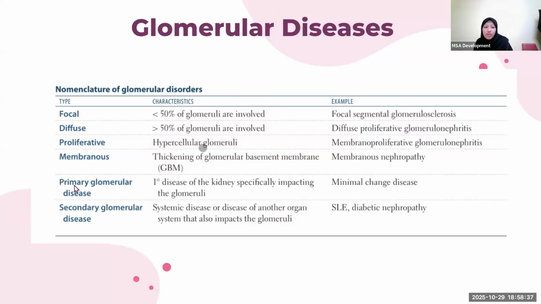So that's membranous nephropathy. Primary is primary disease of the kidney, mostly minimal change disease is the most common nephrotic syndrome. Secondary is due to other things like SLE, diabetes, amyloidosis, systemic diseases are most likely secondary glomerular disease.